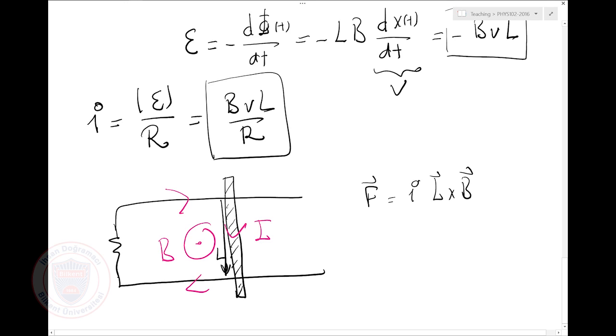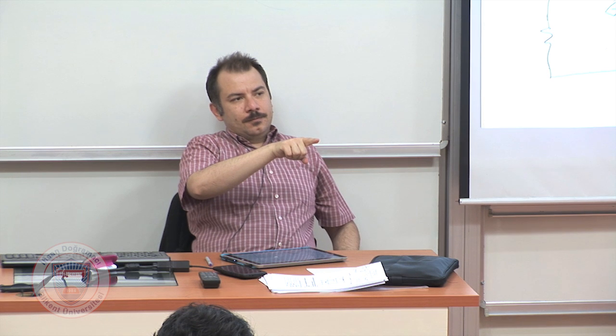Okay. So the magnetic force acting on this rod will be to the left. So if I did not apply any force onto this rod, if I actually gave it an initial velocity v, what would happen?